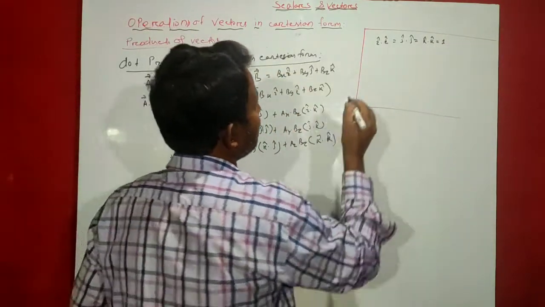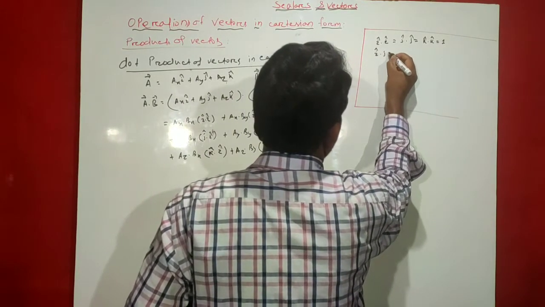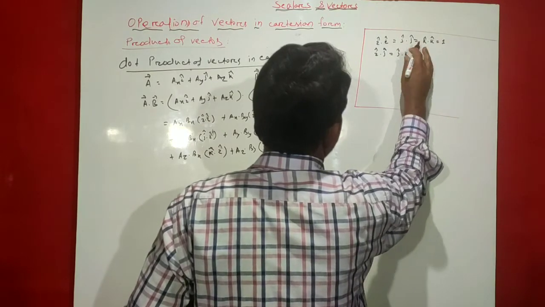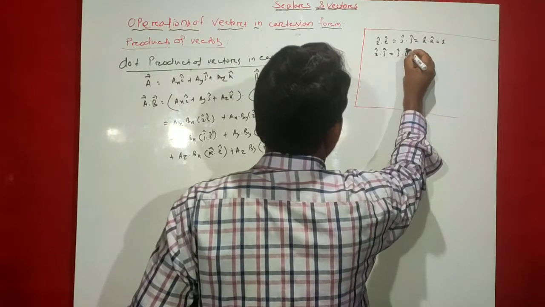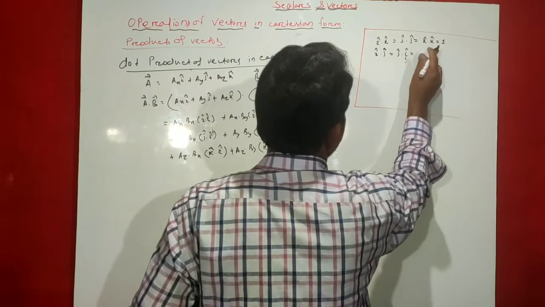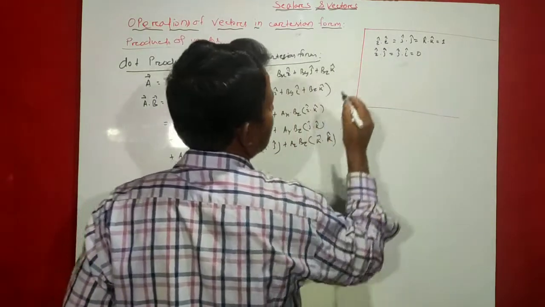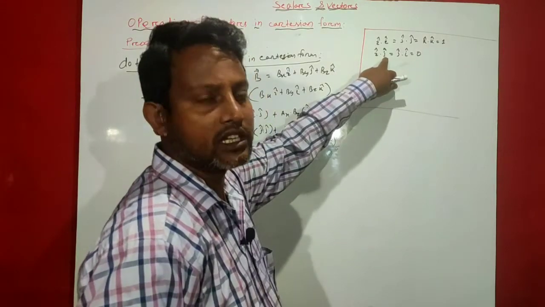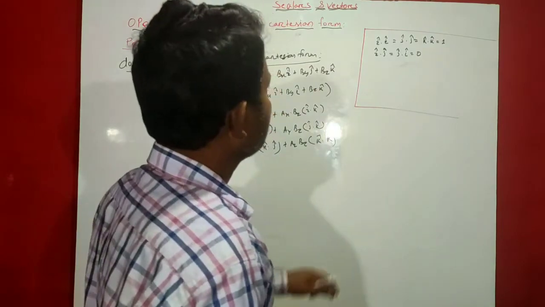And when we take i dot j, or j dot i, it is equal to 0. That is because i is perpendicular to j, the direction of i is perpendicular to j, so cos 90 will be 0.